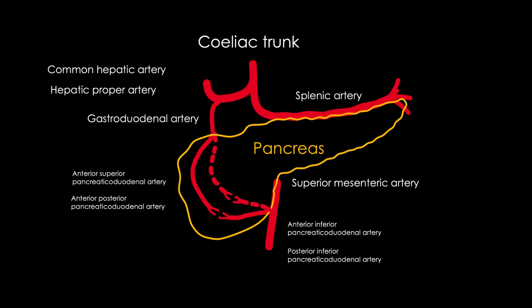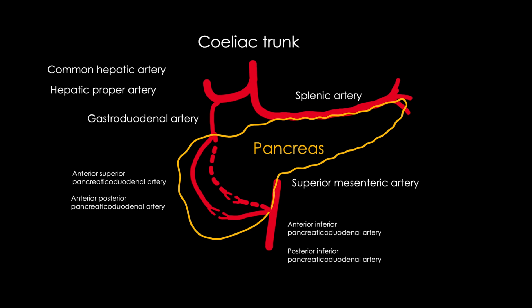pancreaticoduodenal artery, and this explains why the head of the pancreas has a double supply. The superior pancreaticoduodenal arteries are branches from the celiac trunk, which is an artery of my foregut. But these inferior pancreaticoduodenal arteries are the branches of my superior mesenteric artery, and the superior mesenteric artery is an artery of my midgut, so the head of my pancreas has a dual blood supply.